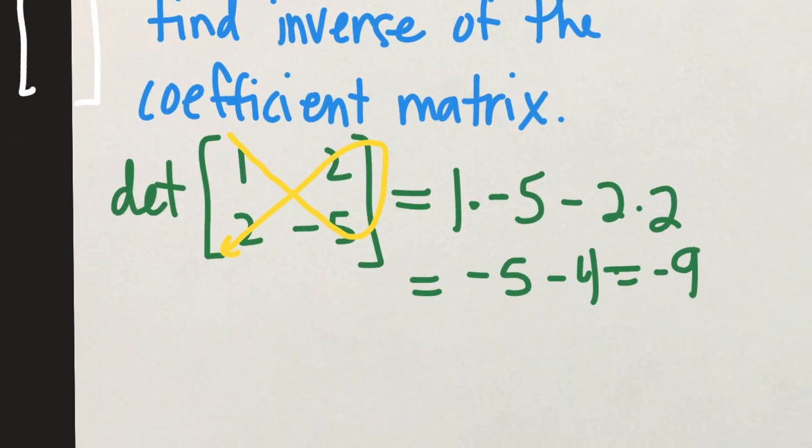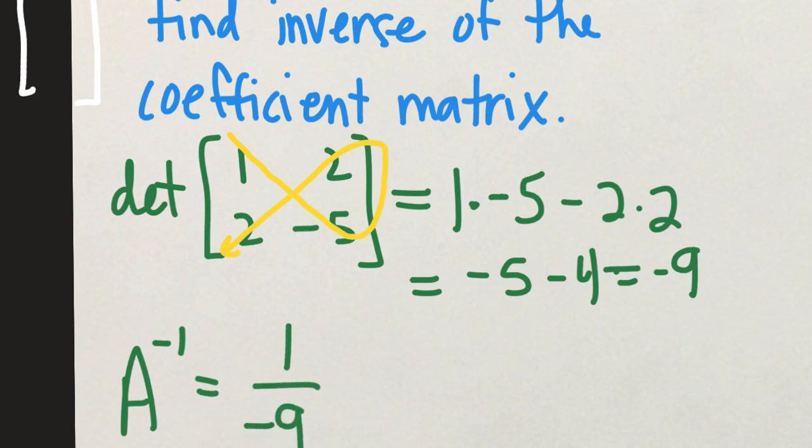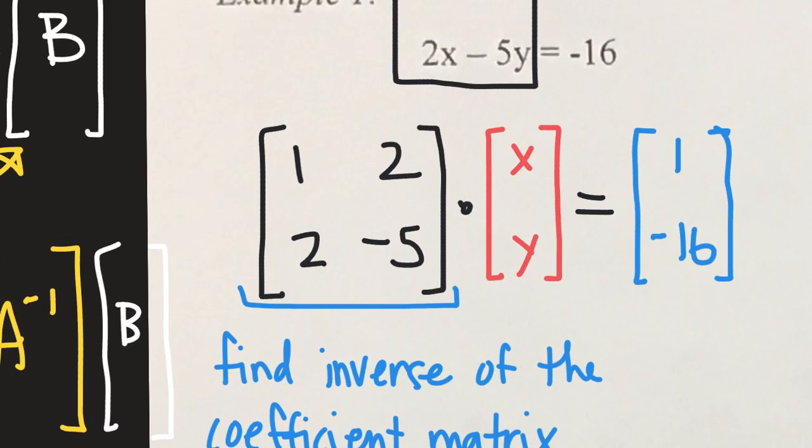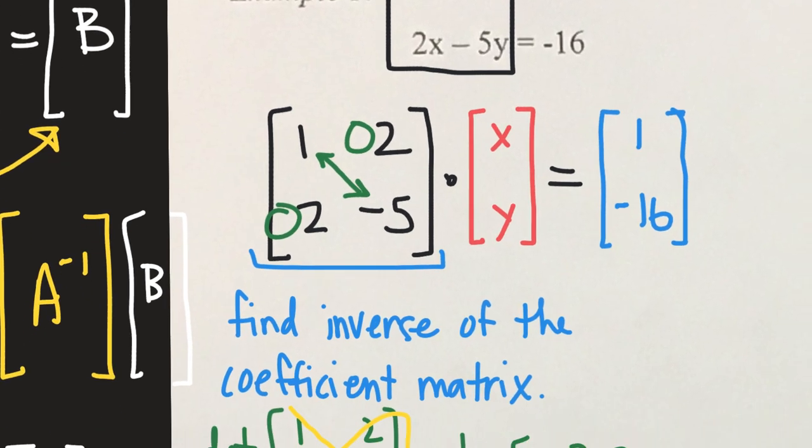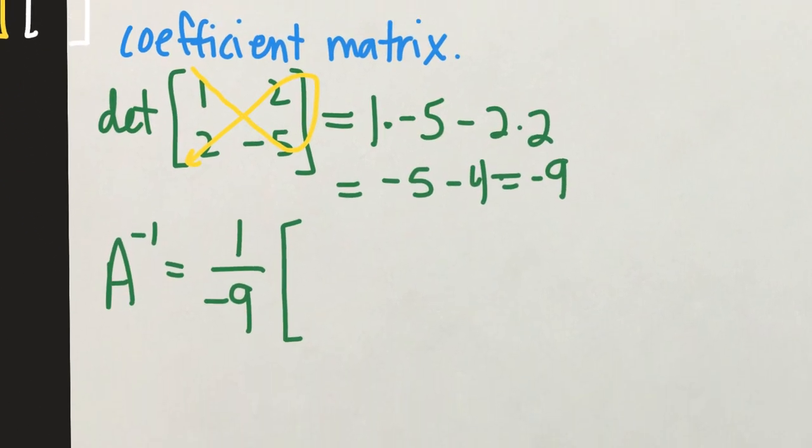Okay, negative 9 is the first part of your inverse matrix. The inverse matrix is found by doing 1 over the determinant times, right? There's a formula for a 2 by 2 matrix. We're going to switch these two positions, this is what the formula says, and then make these ones negative. There's a poster in class, of course, that tells you all this stuff, but that's the formula we're going to use to find the inverse.